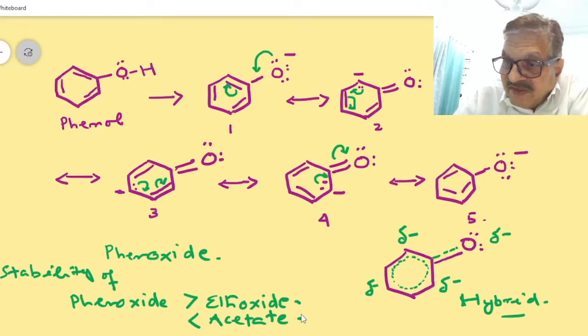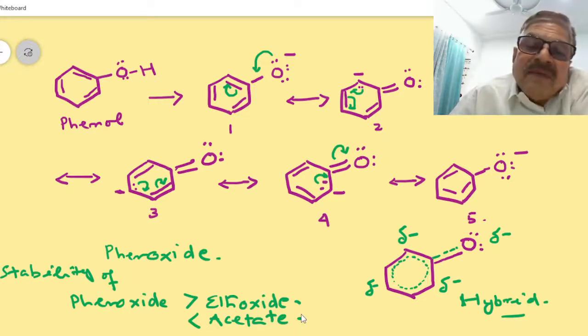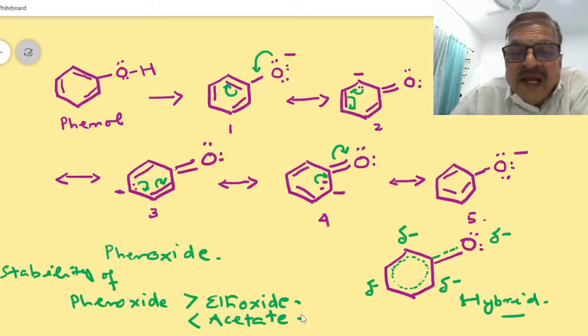Resonance structures 1 and 5 have an intact aromatic ring, but structures 2, 3 and 4 do not. Therefore 2, 3 and 4 are less stable compared to 1 and 5.